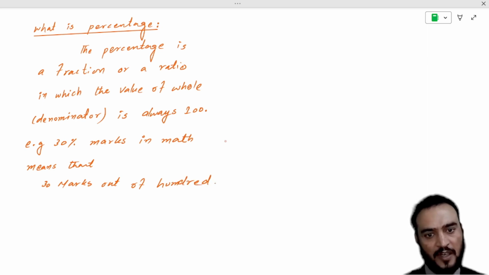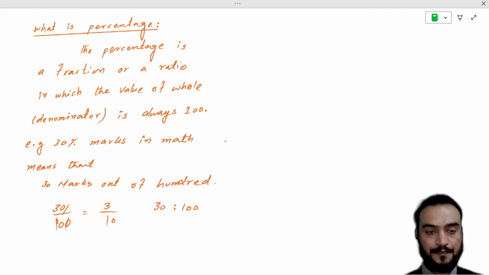So anything out of 100 is called percentage. So 30 out of 100, this is the actual fraction. So it becomes 3 over 10, 3 marks out of 10, or we can write it as 30 ratio 100, in terms of ratio. So this is the percentage.